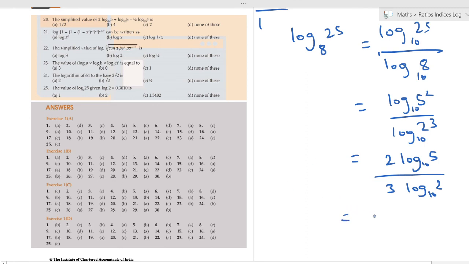So we can separate this 2 by 3. As we know the value of log 2 to the base 10, 0.3010, I'll write 5 as 10 by 2. 5 is nothing but 10 by 2. We can write it like that.